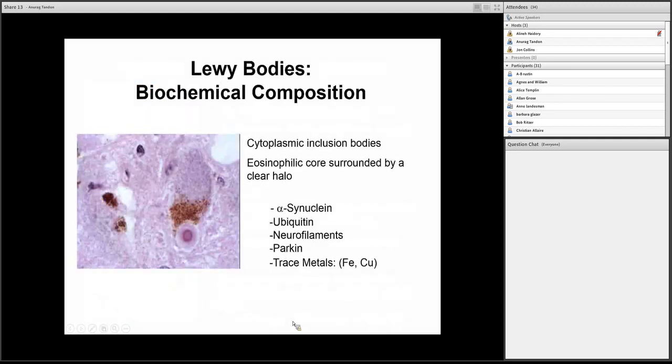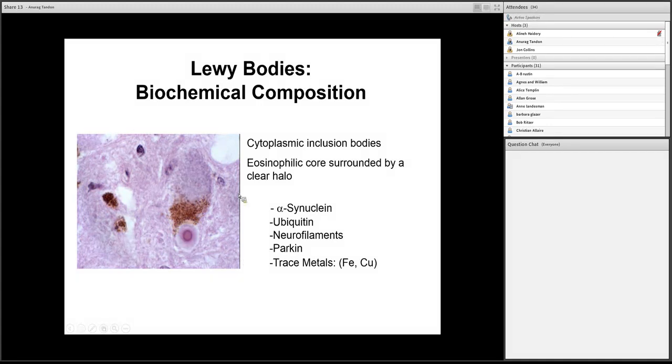Now, I'm going to come to the idea that Lewy bodies are an important aspect of Parkinson's disease, not just because they are a very classic feature of the disorder, but they may also be involved in propagating the disease.